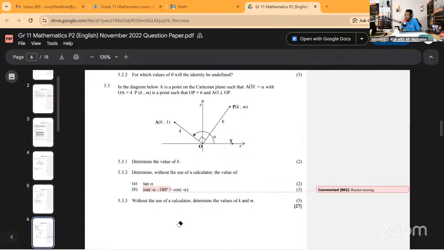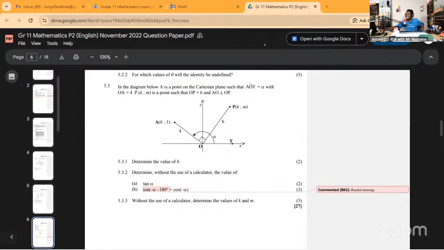So, without the use of a calculator, determine the values of K and M. What do you know so far? There are so many things to say, guys, as an opening sentence.